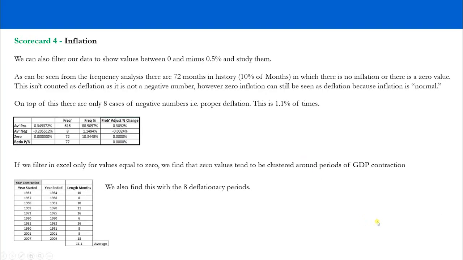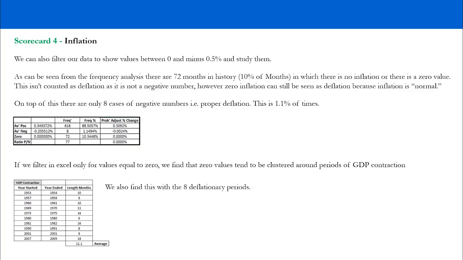So we can actually conclude here that if we get zero numbers in the CPI ex food and energy statistics, zero is as good as deflation, because the stats are so skewed towards positive values.